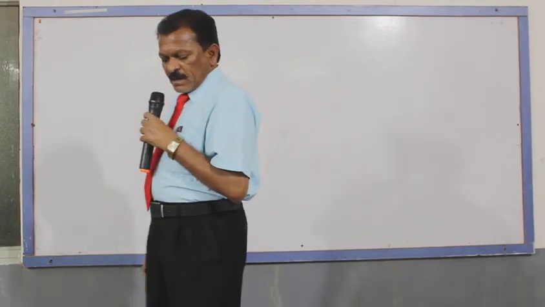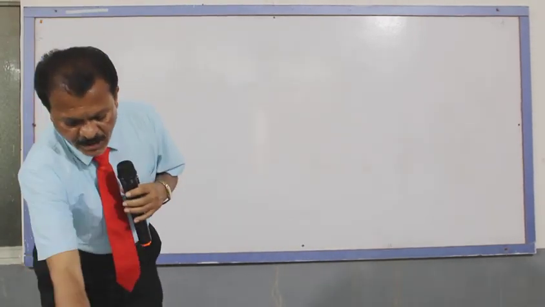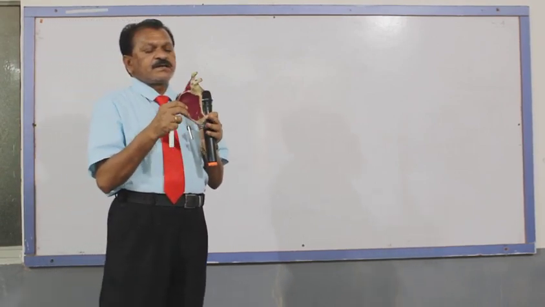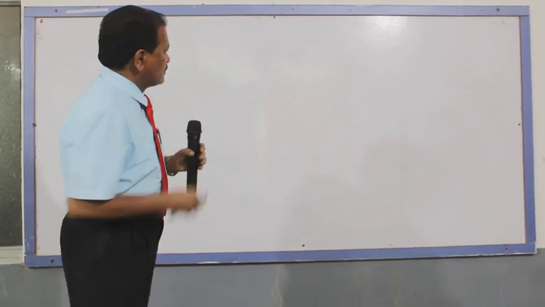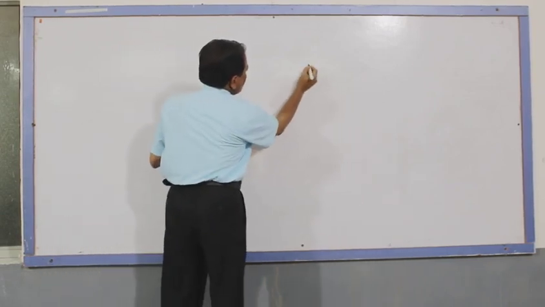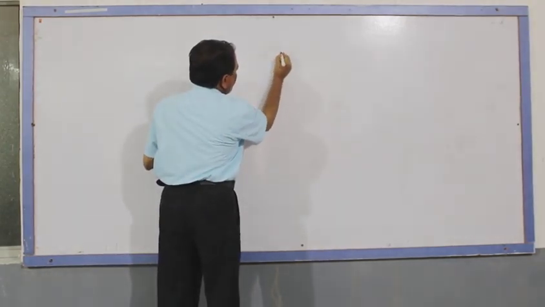So today we are going to discuss the scapula. The scapula is triangular in shape. This is the coracoid process of the scapula.